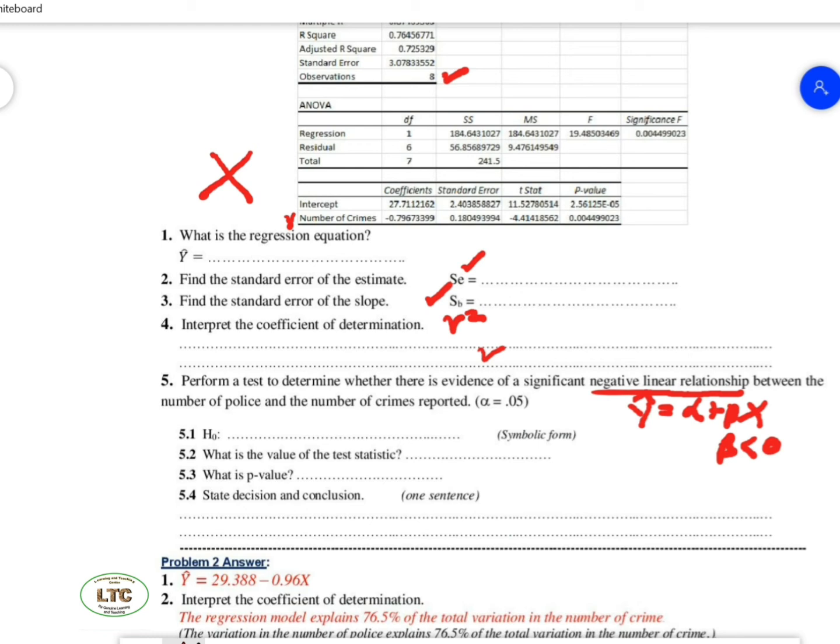So this is HA, always. So HO is not less than. You write formally, not less than means greater than or equal to. And you know where to find the statistic, the value, and how to write the conclusion from p-value.